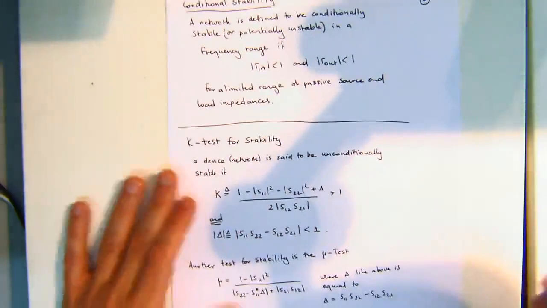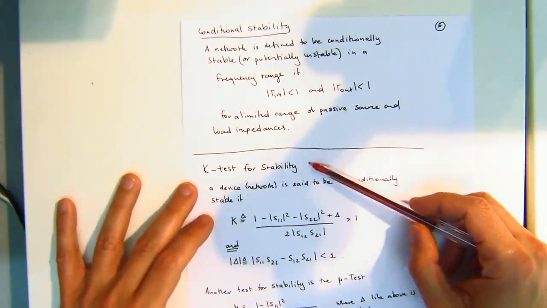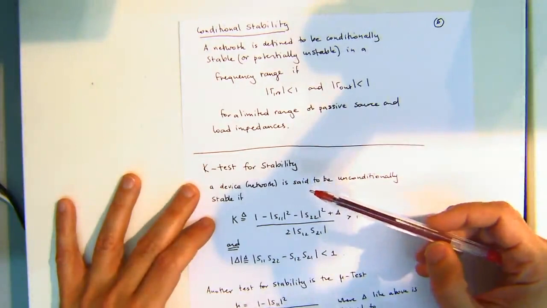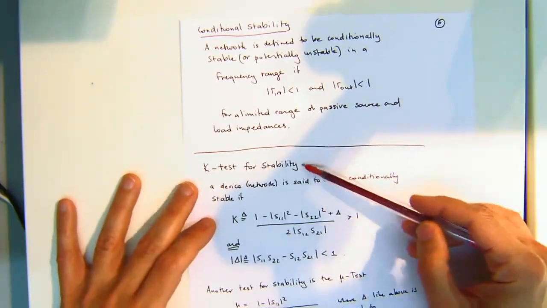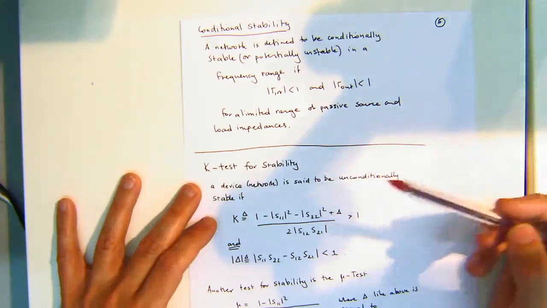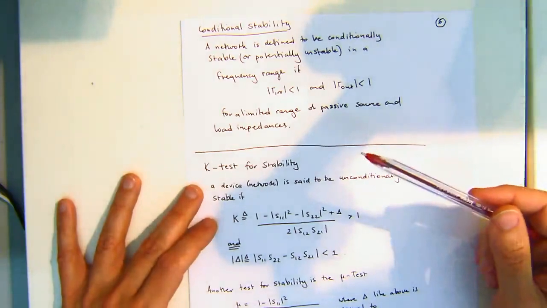Right, now you have used the K-test for stability in control theory, but it's called something else, and I'm getting a little bit old and I can't remember. But for us, we're going to define this concept of stability, and there's going to be this test called the K-test.